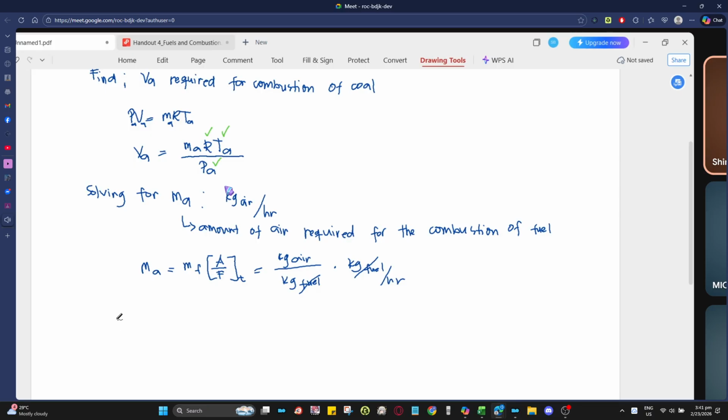Now, saan man nato pagkuha? So pwede rin nato makuha dito ang air fuel ratio, no, solving for the air fuel ratio. So we can use the DeLong's formula kay naa may ultimate analysis.